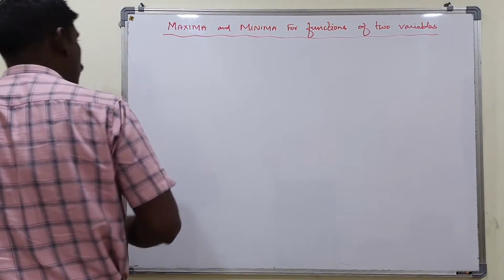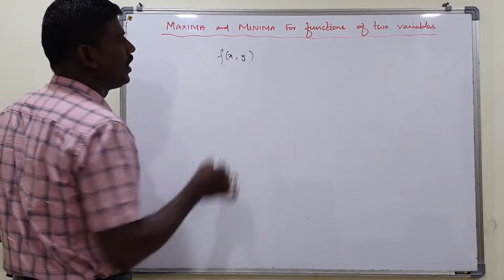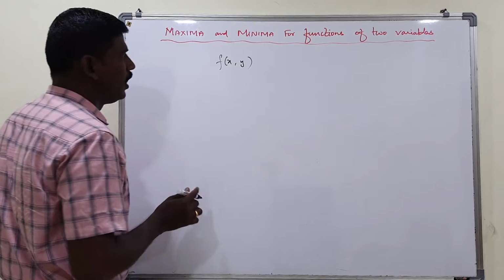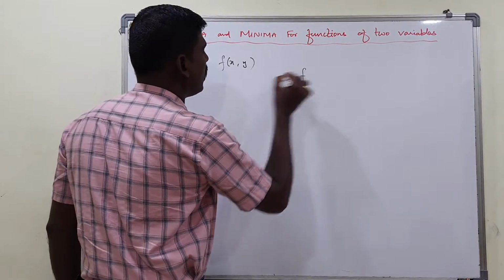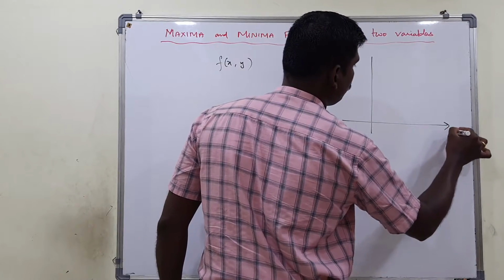First one, consider a function in two variables, f of x comma y. Consider a point a comma b.